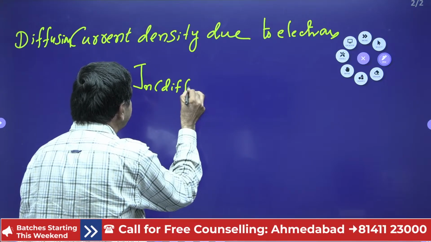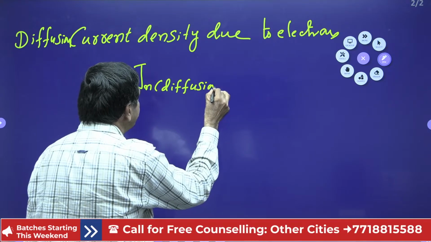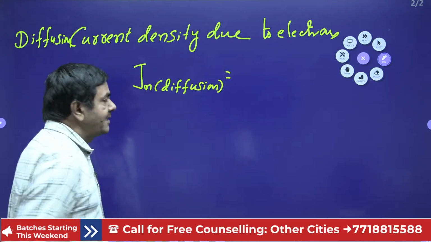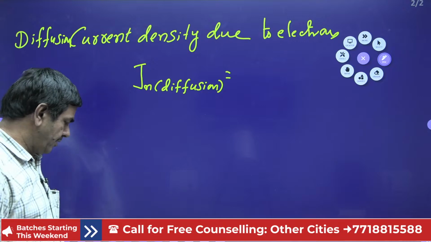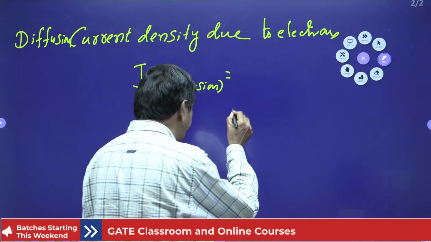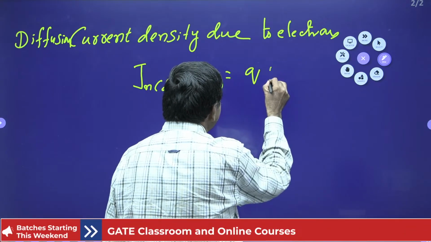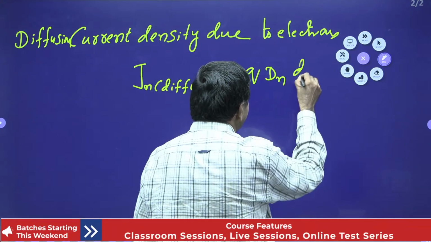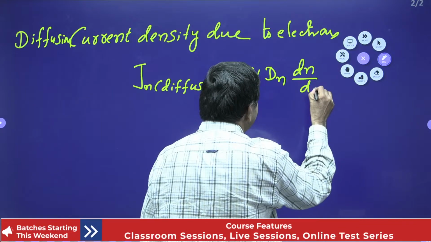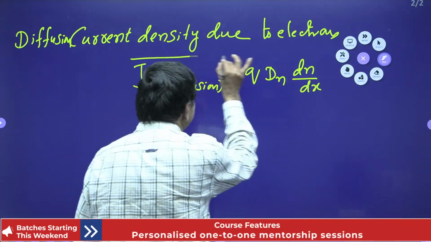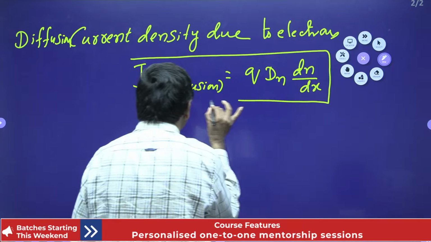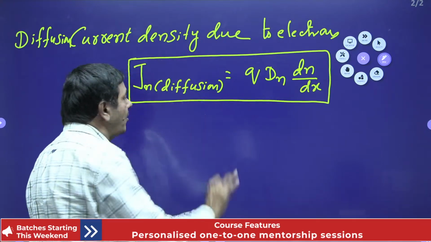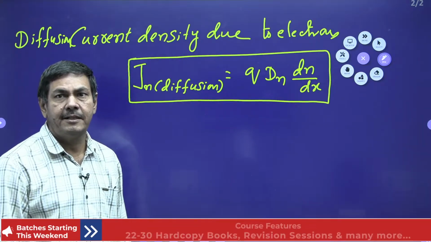This diffusion current density due to electrons can be calculated by q into D suffix n into dn by dx. This formula is applicable to find out the current density due to electrons in diffusion.